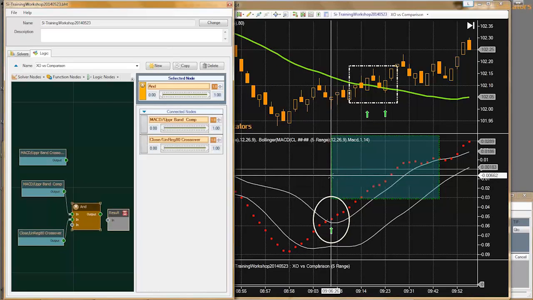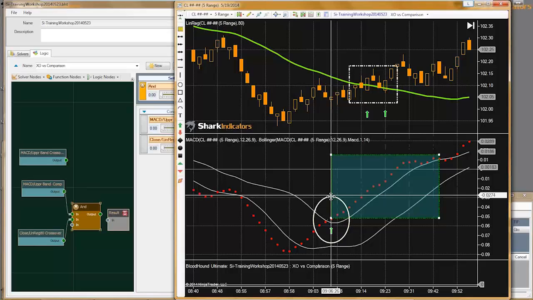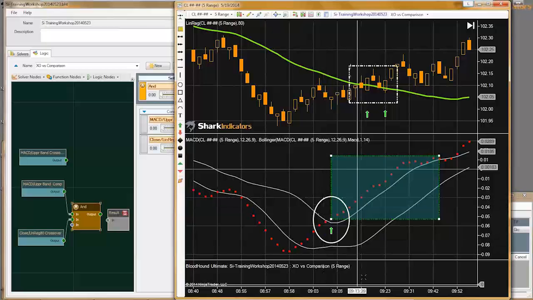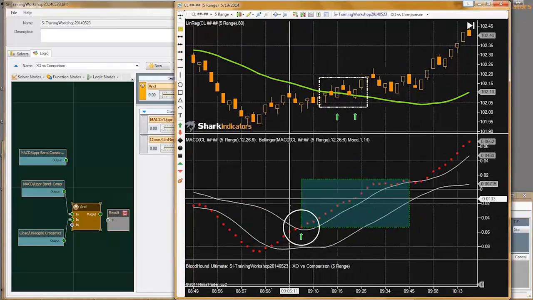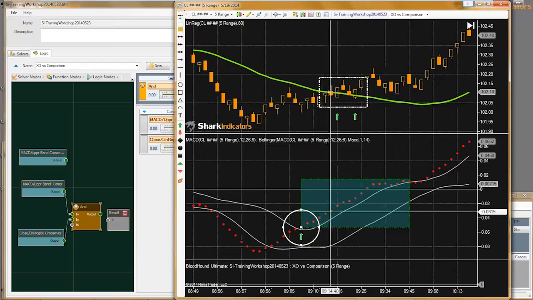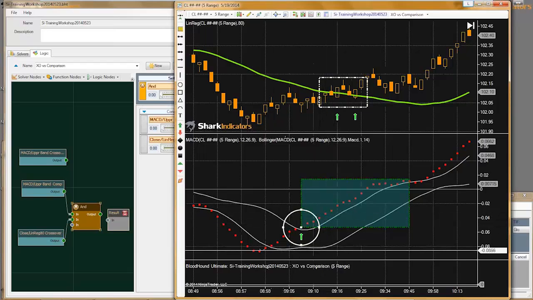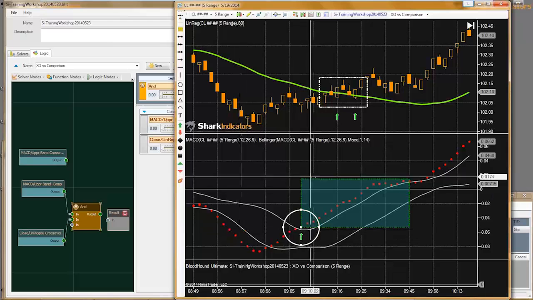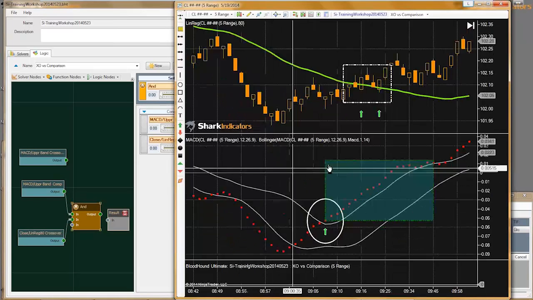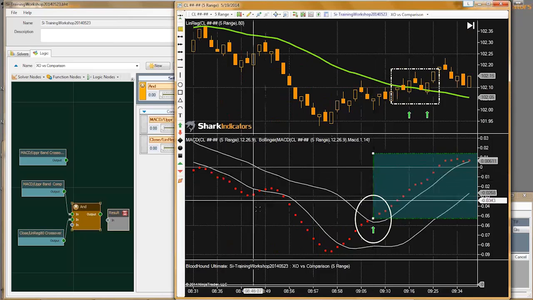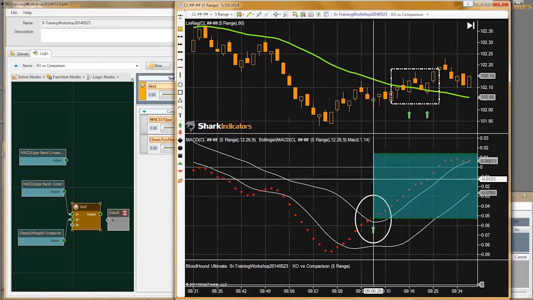So what I did is make up a set of rules on the fly. So rule 1 is, we want the MACD to be above the upper band or below the lower band, right? So here, how about if I copy this over?